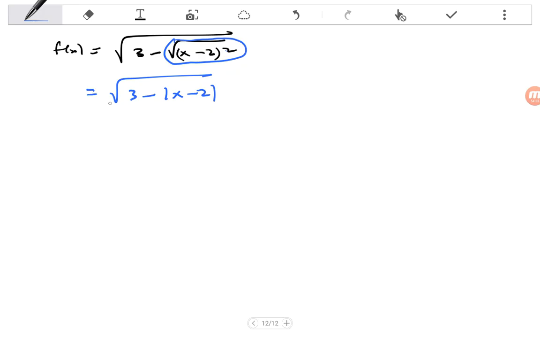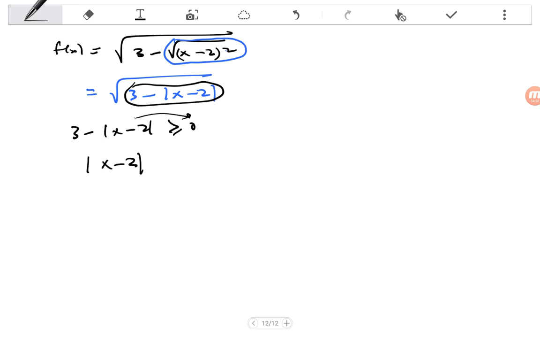So I need to find the domain of this function. I just take what is inside the root: 3 minus absolute value of x minus 2 greater than or equal to 0. That means absolute value of x minus 2 is less than or equal to 3, so x minus 2 is from negative 3 to 3, and it is solved.